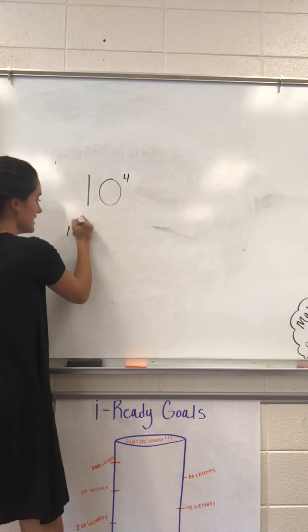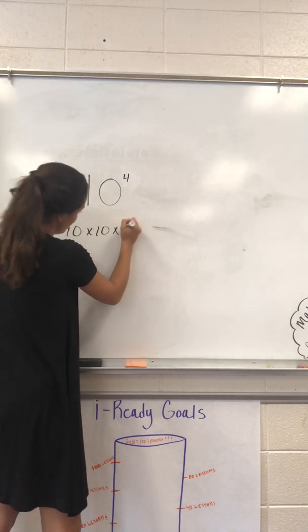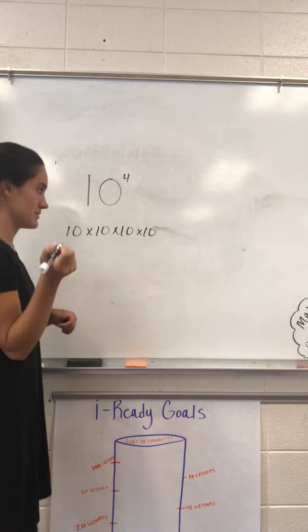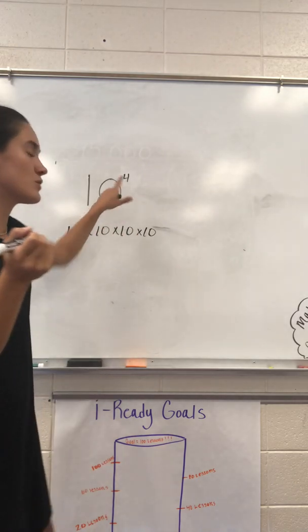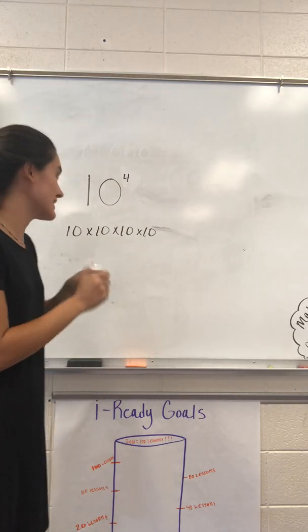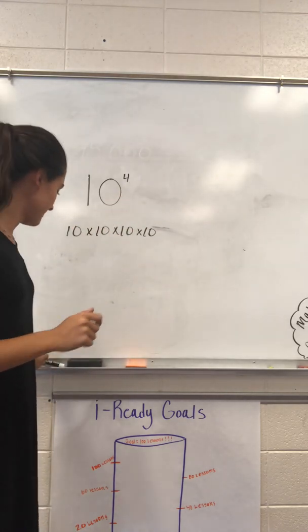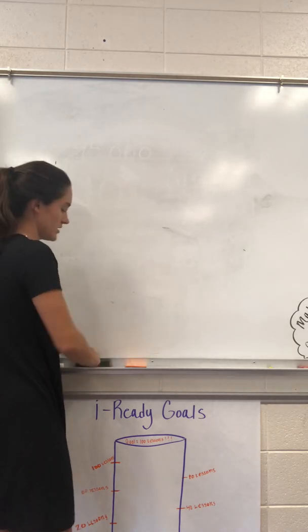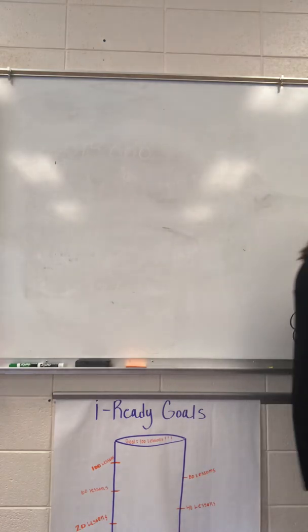I'm going to do 10 times 10 times 10 times 10. So I've got 1, 2, 3, 4 times. Okay, this is not 10 times 4 or 10 times 3. This is 10 times 10 times 10 times 10. You're multiplying it by itself this many times. Okay, so that's a little introduction about powers of 10.